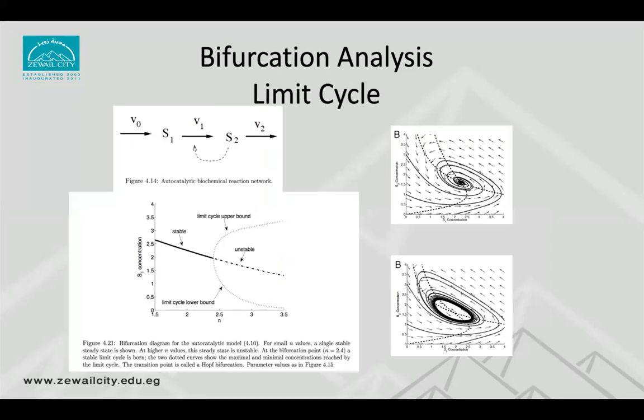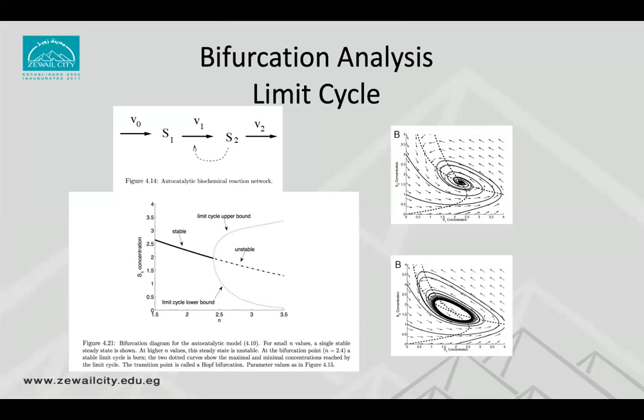And in this case, this is going back to our linear pathway example, and we vary the inhibition. This is n, the exponent, remember, in cooperativity. So we're increasing the amount of cooperativity in inhibition. Once we go past about 2.4, then we get a bifurcation.